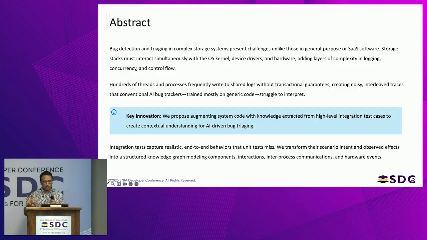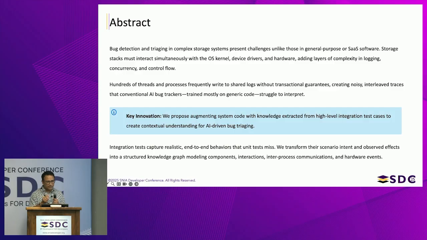The result of this complexity is a lot of noisy, interleaved system traces that are incredibly hard to debug. This is where traditional AI tooling, which is trained on general purpose code, fails, because it has the content but does not have the context.